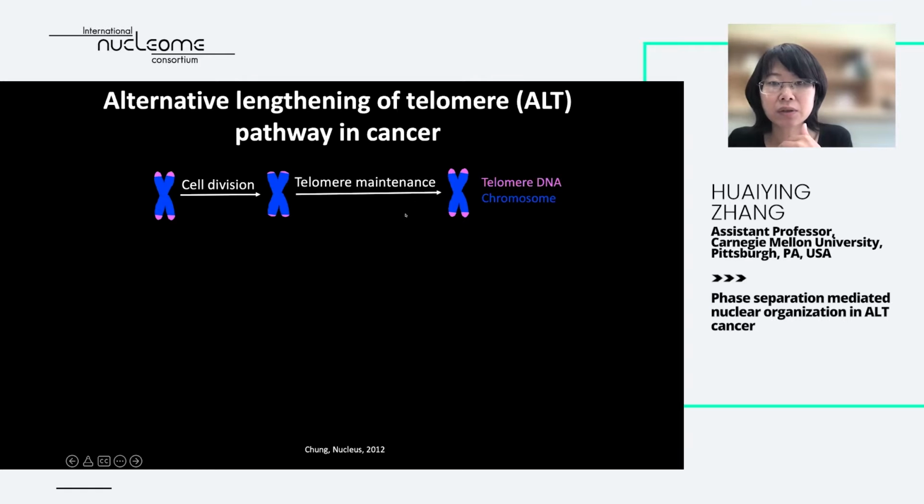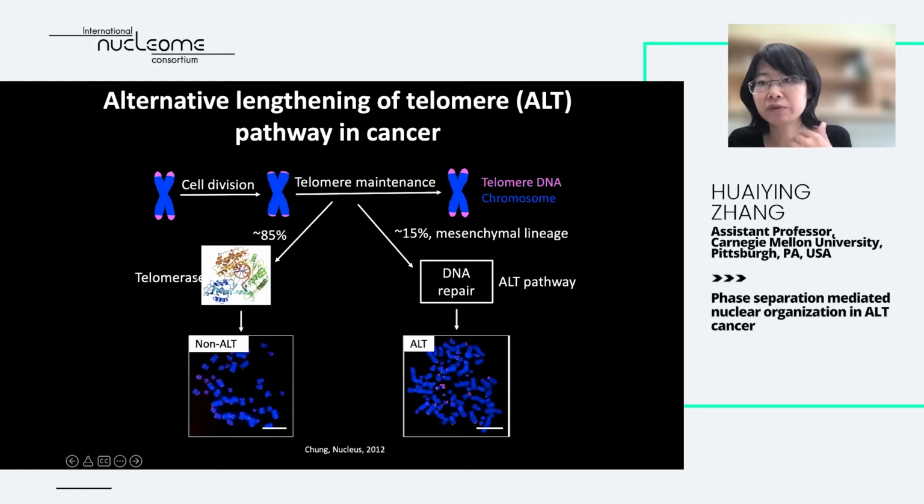The majority of cancer cells use telomerase, which is a reverse transcriptase that uses an RNA as a template to put the lost telomere DNA back. And the ALT cancer cells use a DNA repair mechanism that uses homology between the telomeres to repair the telomeres.